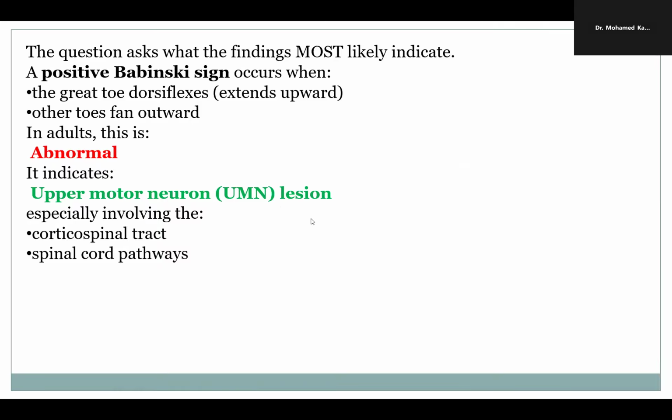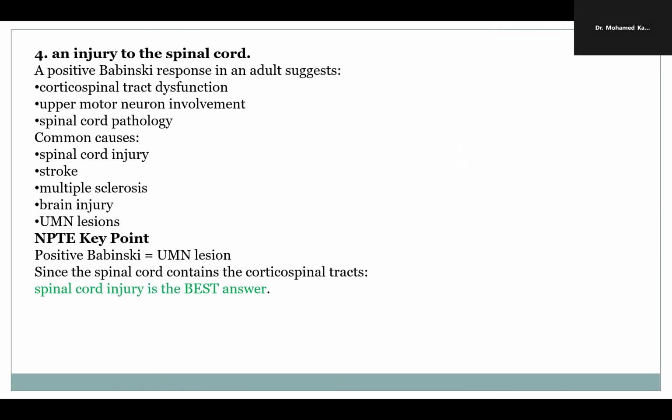An upper motor neuron lesion especially involves the corticospinal tract and spinal cord pathways, and we talk about these pathways in neuro as well. So this is the correct answer. This is an injury to the spinal cord.